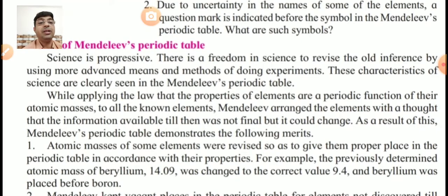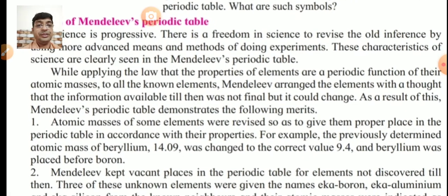While applying the law that the properties of elements are a periodic function of their atomic masses to all the known elements, Mendeleev arranged the elements with a thought that the information available till then was not final but could change. As a result of this, Mendeleev's periodic table demonstrated the following merits. So, 4 merits are given here. Now, first one.